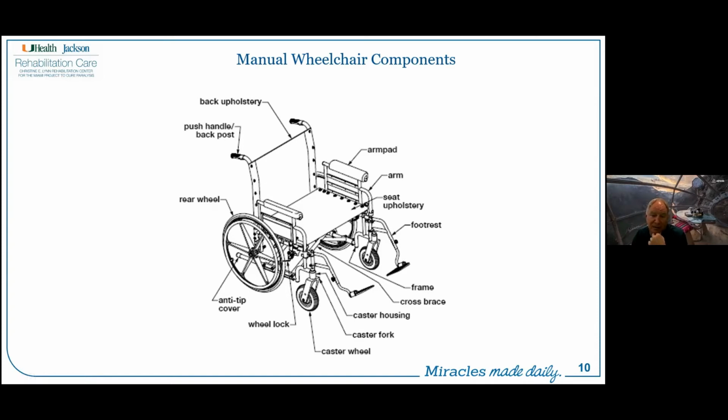It may be a rigid chair, it may be a folding chair. You've got at the wheels, you've got the tires, you've got the spokes, you've got the push rim associated with it. In the front, you have caster wheels. And then again, you've got your rigging, which includes your foot plates and the leg rests as they go through here. So these are the typical components.